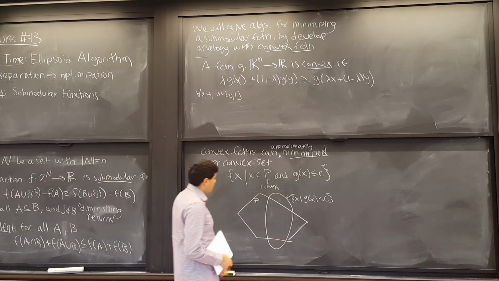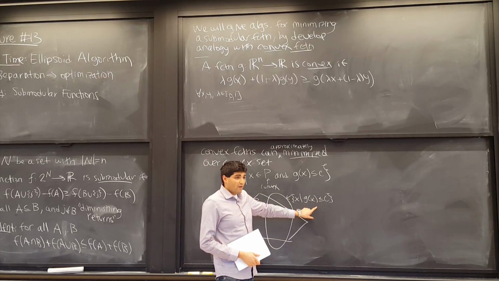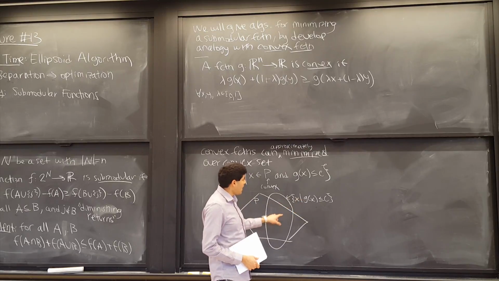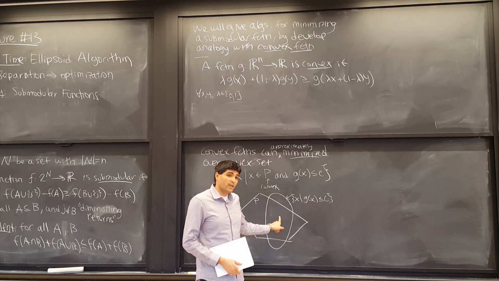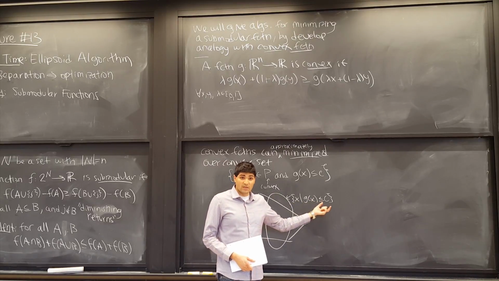Because if you take any 2 points whose value is at most C, and then you average them and look at G's value at that new averaged point, that'll be at most the average of their values, so it'll be at most C as well.